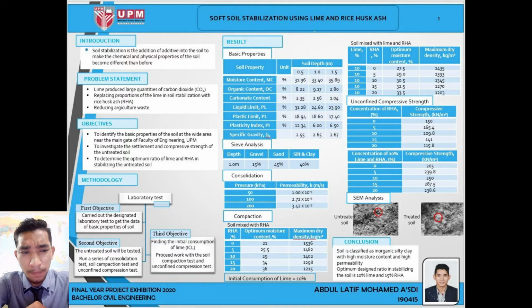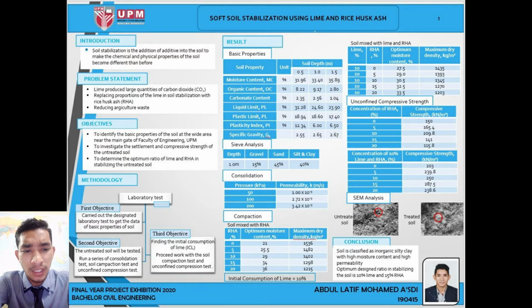For the methodology, the laboratory tests: in achieving the first objective, I have to carry out the designated laboratory tests to get the data of basic properties of soil, such as moisture content, organic content, carbonate content, liquid limit and others.